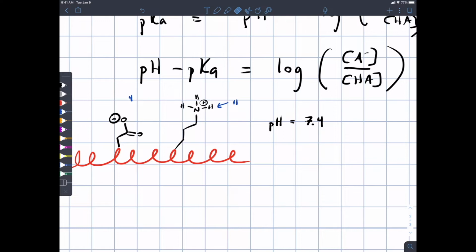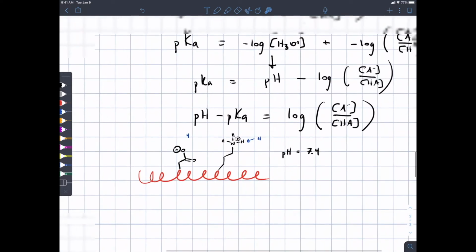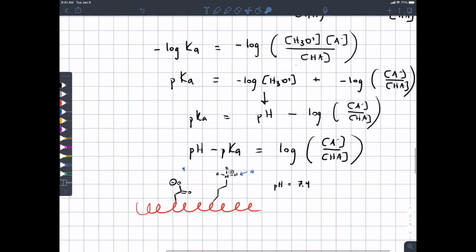And the other one would stay as it is, exactly, right? Because 7.4 minus 11 is negative. That means that the denominator is the major contributor. So that's really useful. A lot of people struggle with it, and you don't need to.